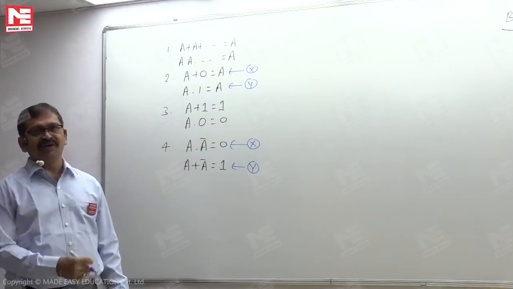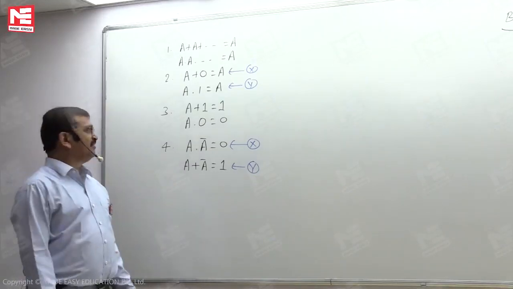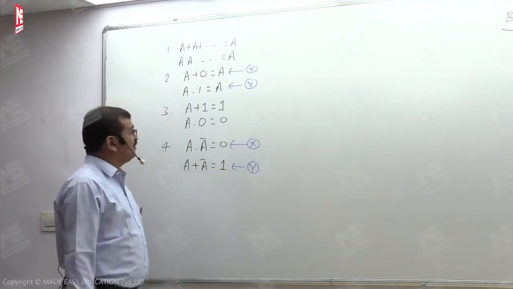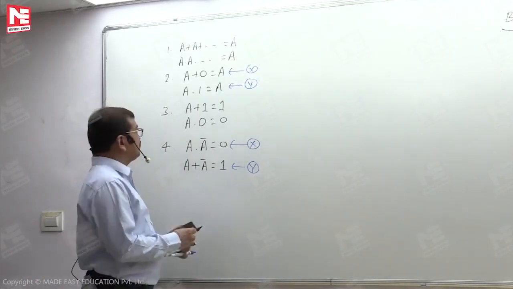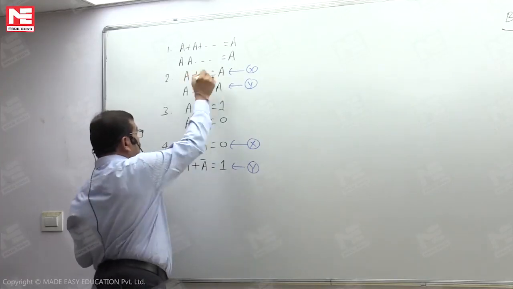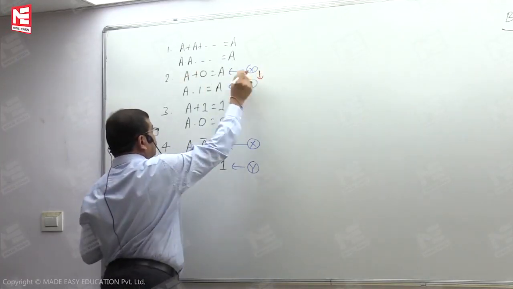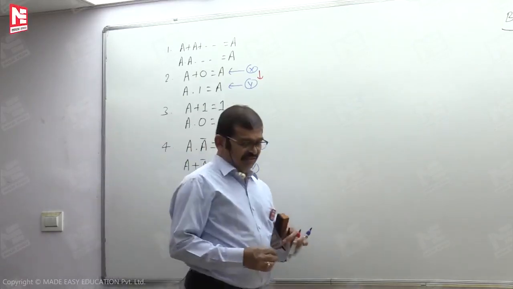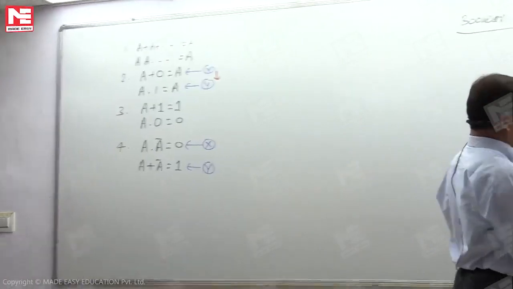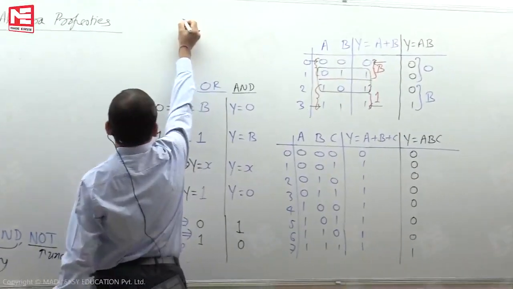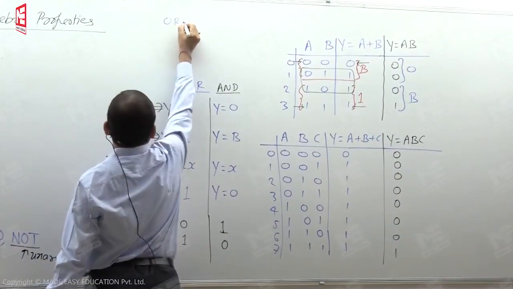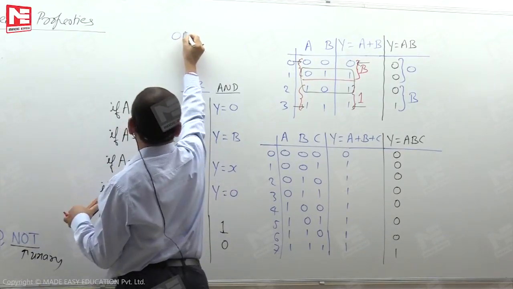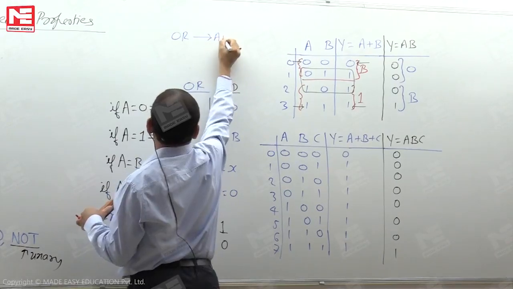The observation we have is: in equation X, if we have the OR operation, then in equation Y it is changed to the AND operation. In equation X the operator is OR, then in Y this operator is changed to AND operator.